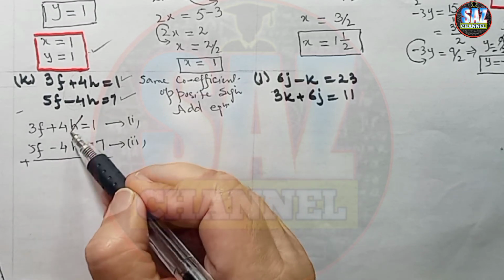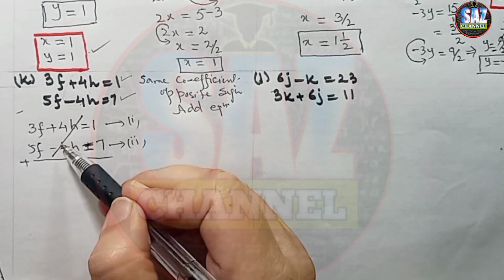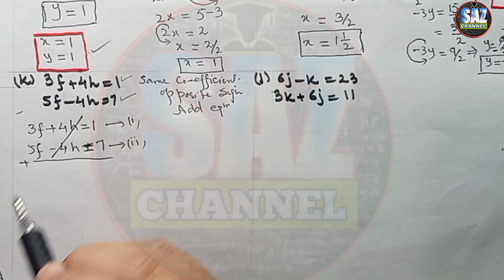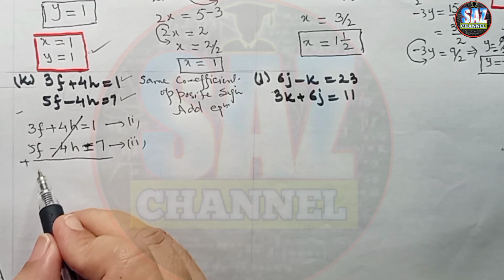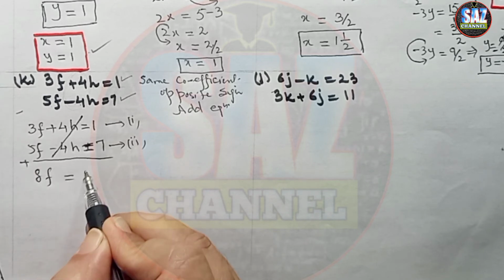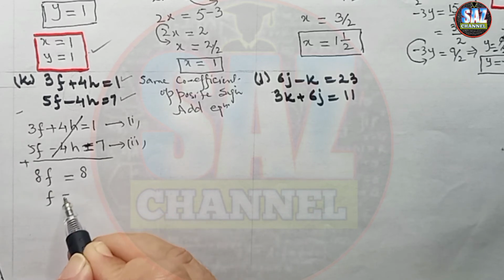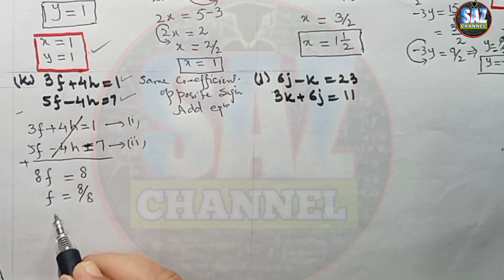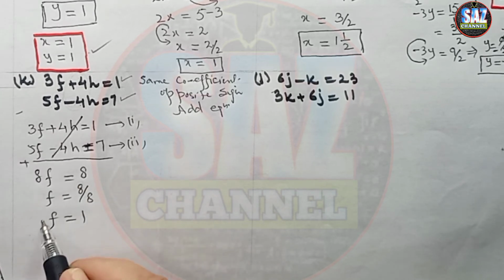This h can go because they have the same coefficients, opposite sign. 4 minus 4 will give me 0, and 5 plus 3 is 8f equals 8. f equals 8 upon 8 and f equals 1.